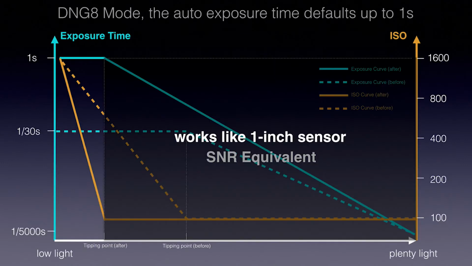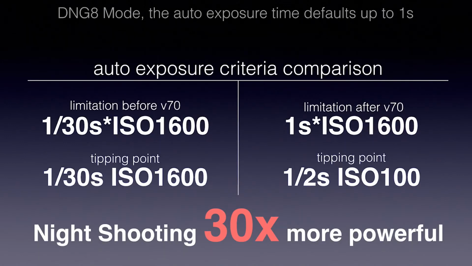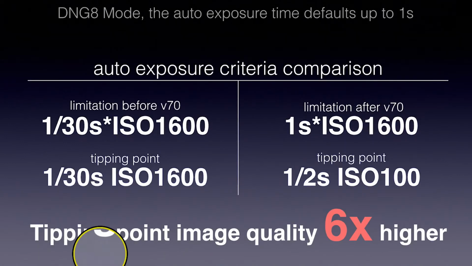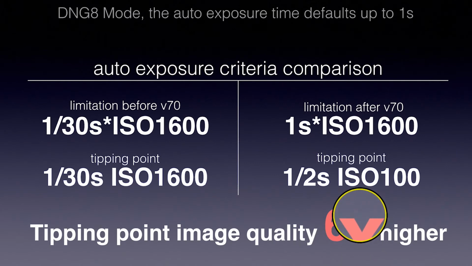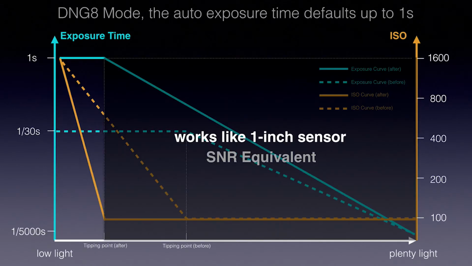And you can see that the tipping point has been moved from this point to this point, which means that the tipping point imaging quality will be 6x higher than ever before. It's like the square root of 30, right? You can see that the tipping point is the highest imaging quality you can get in auto mode.